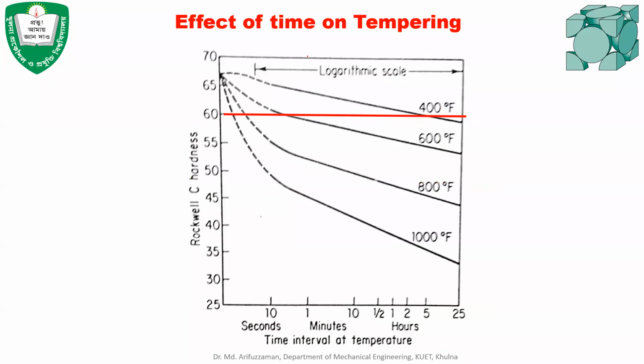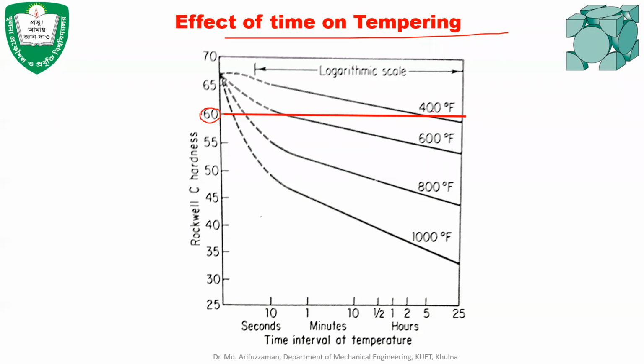This is what I wanted to show you, the effect of time on tempering. Time also plays an important role in tempering. Let's say you want to obtain a hardness of 60 on the Rockwell C scale. You can obtain it in various different ways.